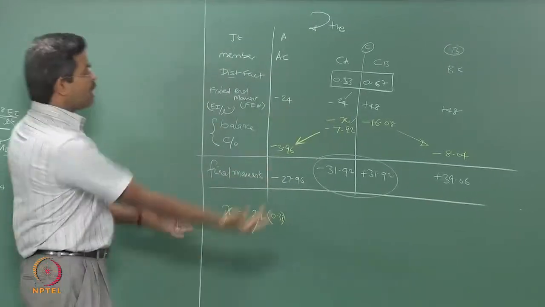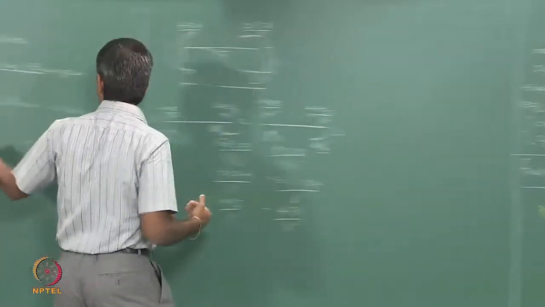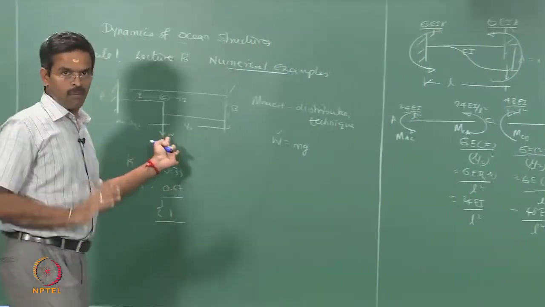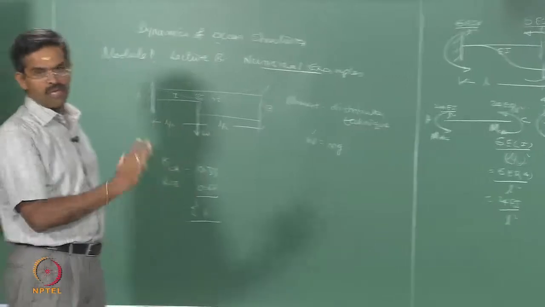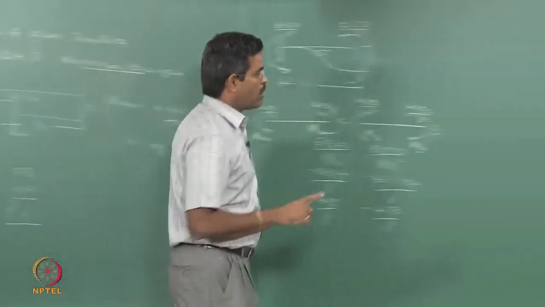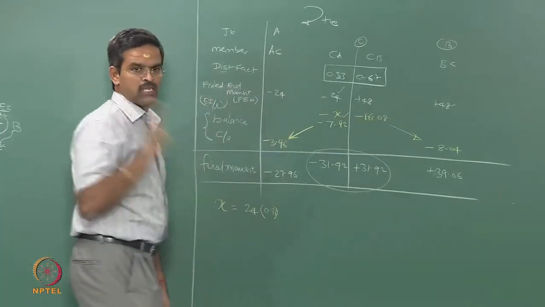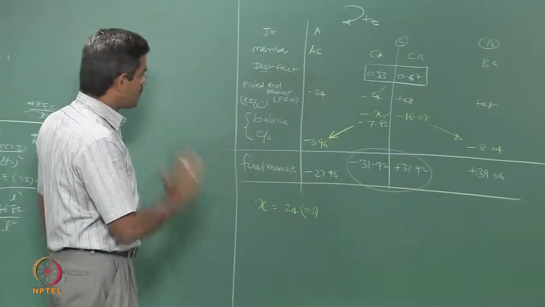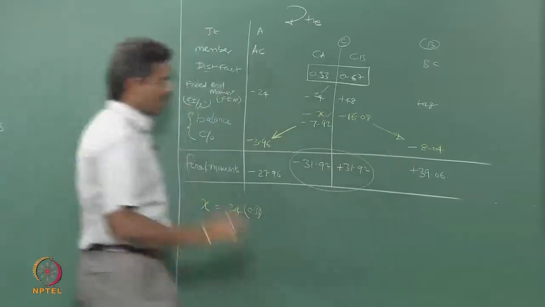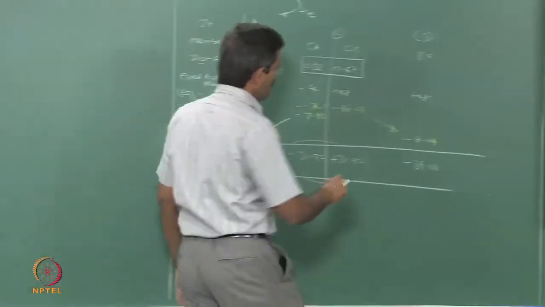My job is again taking back these forces to find the stiffness for unit deflection, that is the problem here. Let us not deviate from that at all. If you have any doubt on how to distribute when further joints are there, please read a classical mechanics book, you will understand that. Now my job stops here, yes, I have got the forces, let me check whether the answers are okay. 9/6, right?